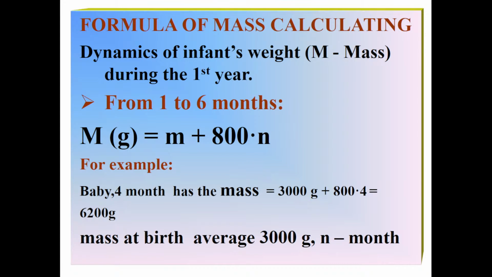For example, a baby of 4 months: if we use mass at birth, on average 3000 grams, plus 80 grams for every month, as a result a baby of 4 months with a birth mass of 3000 grams must have a weight of nearly 6200 grams.